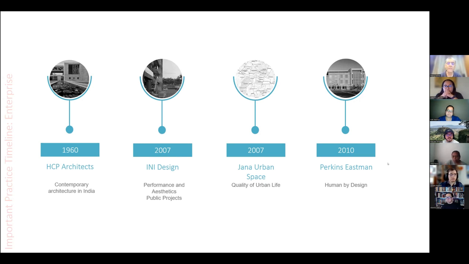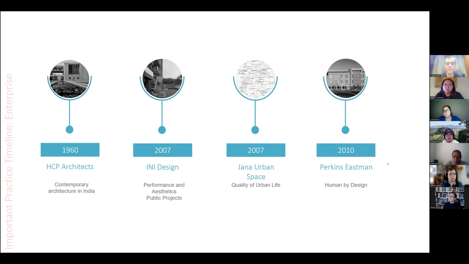And Perkins Eastman, obviously an American firm, has entered India, and they have a very strong base in Mumbai. And this firm is headed by Indian architects. And there are, of course, certain legalities when foreign firms practice in India.